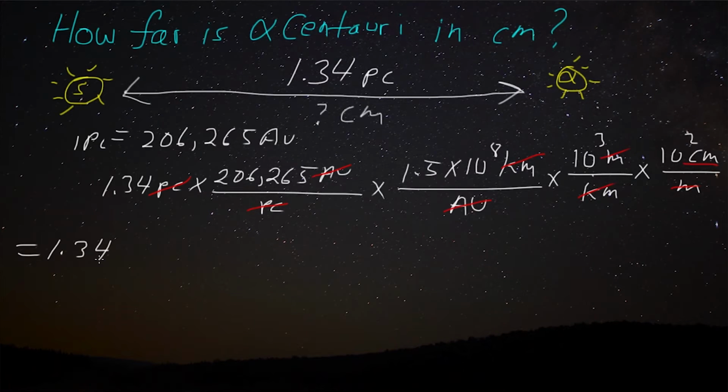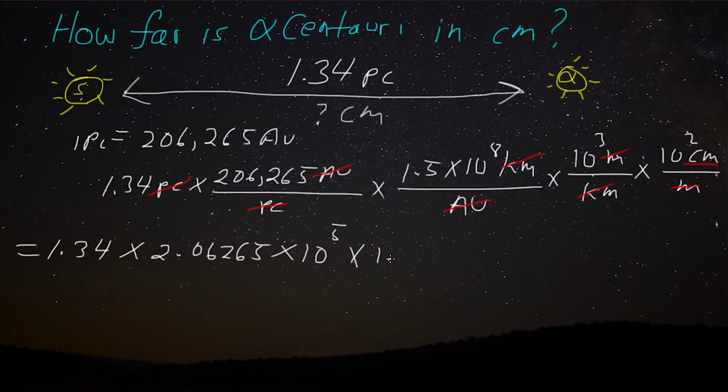Okay, let's write this out as 1.34. Now, I'm not going to bother writing those units because they've already canceled out. And I'm going to go ahead and write this in scientific notation as 2.06265. So that's a 2 followed by 1, 2, 3, 4, 5 decimal places, or 10 to the 5th. And then we're just going to keep on keeping on.